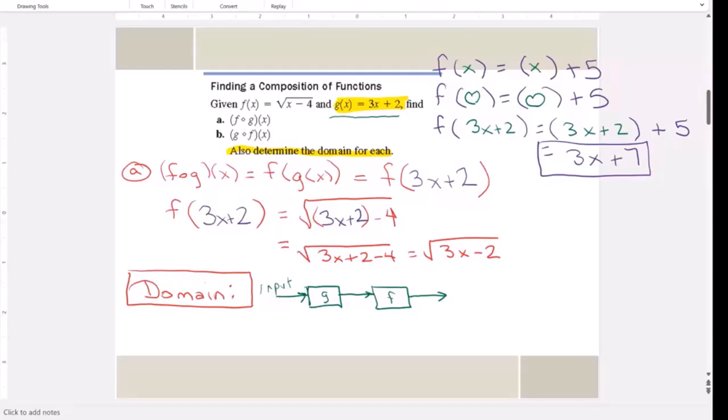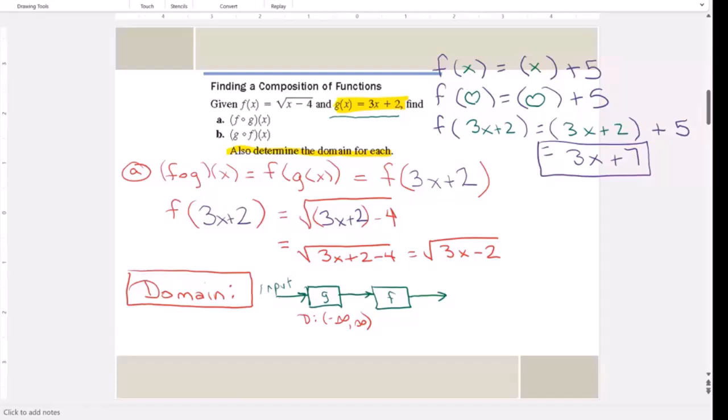I can put anything in for x there. I pick a number, any number, multiply it by 3, add 2, no problem. So my domain here for the first function is all real numbers from minus infinity to positive infinity, okay? So out comes everything.